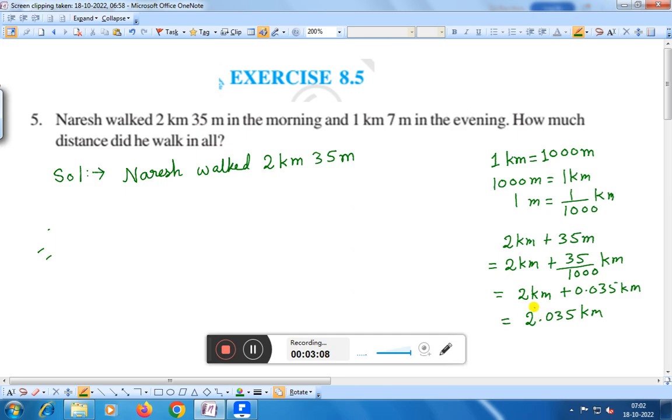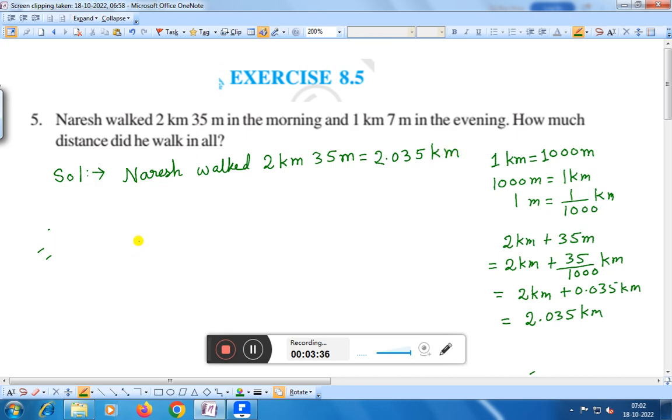That means we can change it into kilometer and we are getting 2.035 kilometer. You have to change it into the same unit. After that we will add or subtract or multiply, right?